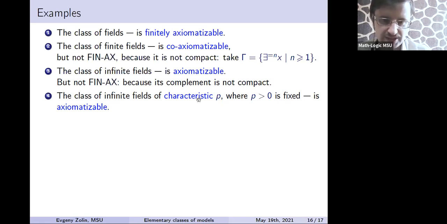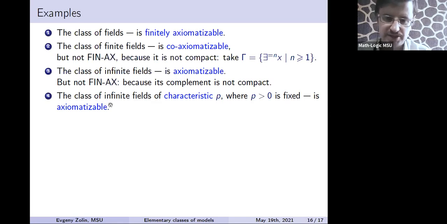So if we consider the characteristic P non-zero, then it is an axiomatizable class, because we simply take, like here, the axiomatization of infinite fields, and also add one formula: the characteristic of our field is P. 1 plus 1 plus 1, P times, equals 0, and for smaller numbers it doesn't equal 0.